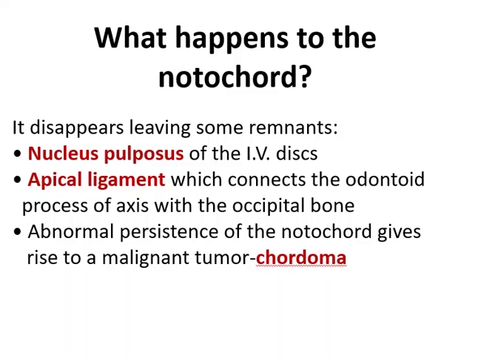It has an outer fibrous part and an inner semi-watery center, called the nucleus pulposus. The nucleus pulposus is formed by the notochord. Also, the apical ligament that connects the odontoid process of the axis and the occipital bone is formed by the notochord or remnant of the notochord. Sometimes abnormal presence or persistence of notochord gives rise to malignant tumors called chordoma.